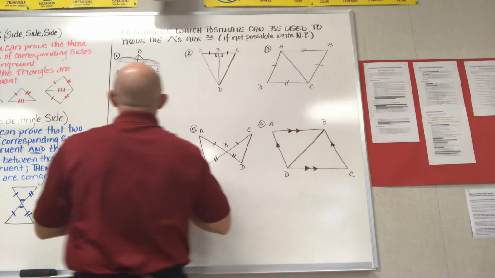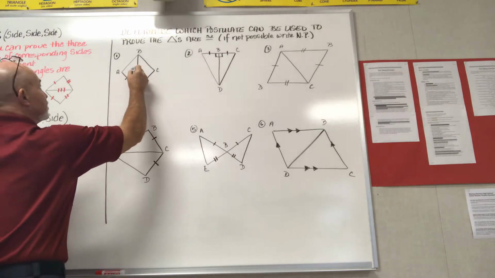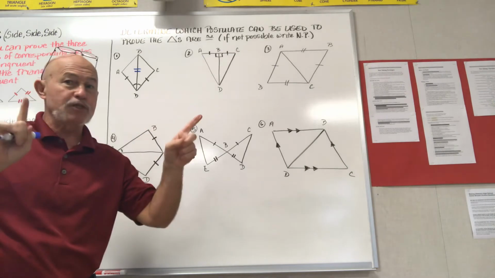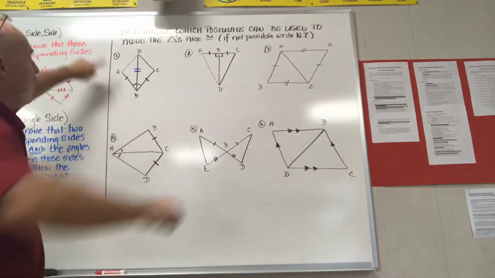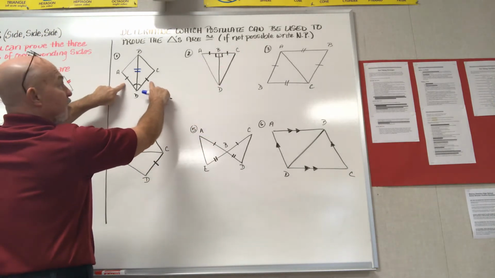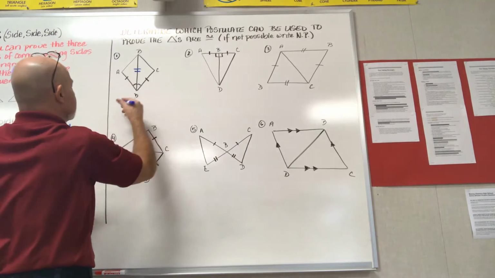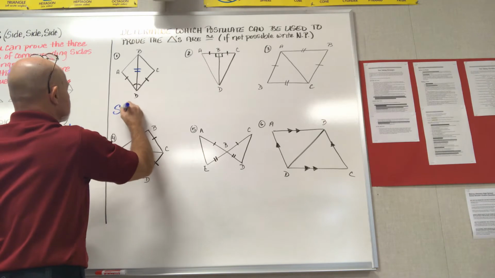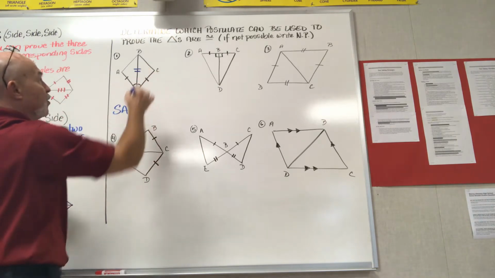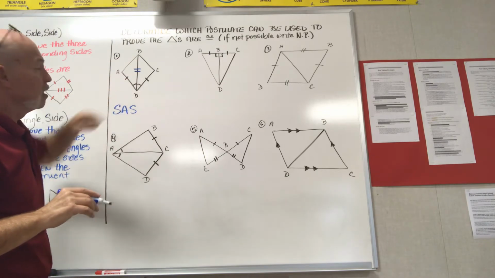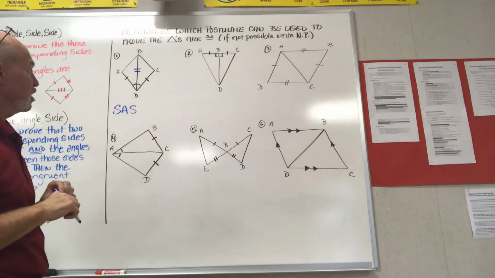We can prove that this pair of sides, okay, since BD is the side of each triangle, now I have side, angle, side. Okay, remember, we have a common side to the 2 triangles. That's going to be another side.